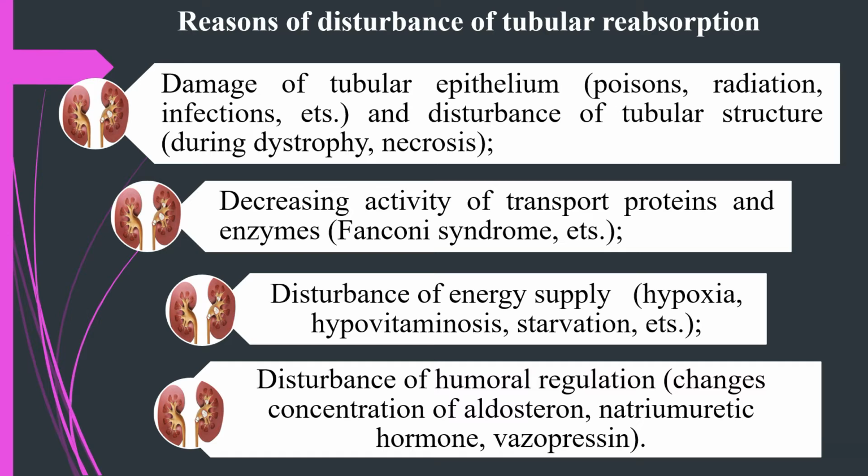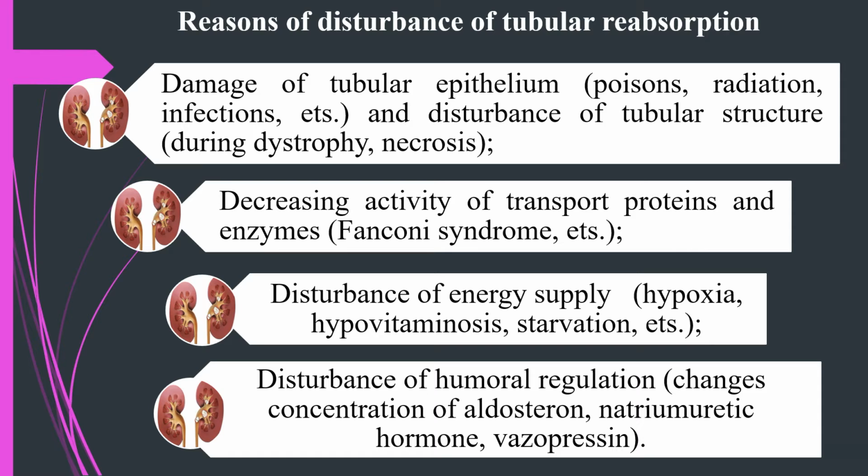Reasons for disturbance of tubular reabsorption include, for example, damage of the tubular epithelium by poison factors, radiation factors, infection factors, and so on. Also disturbance of tubular structure during dystrophy and necrosis.